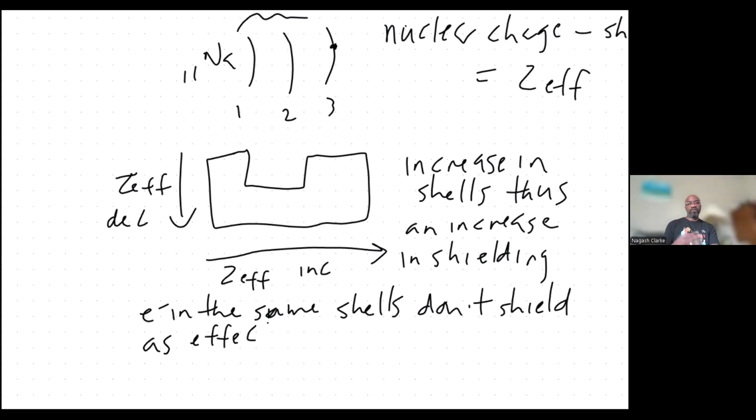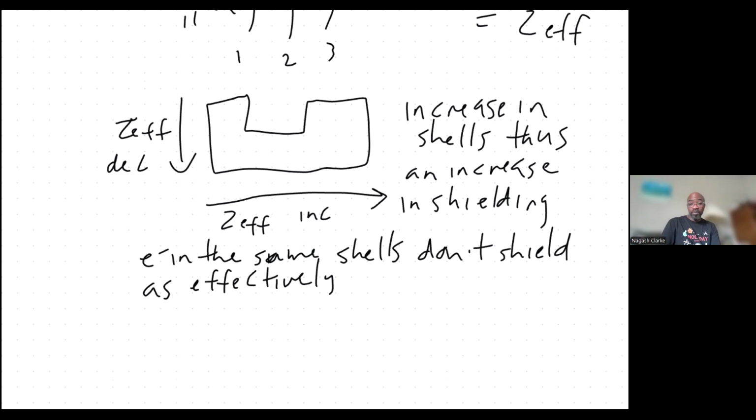So even though I'm increasing them with electrons, they're still in the same shells. So there's no increase in shielding compared to if I'm increasing the number of shells. However, I am increasing the number of protons as I'm going from, for example, sodium to argon. So therefore, my effective nuclear charge is going to increase.